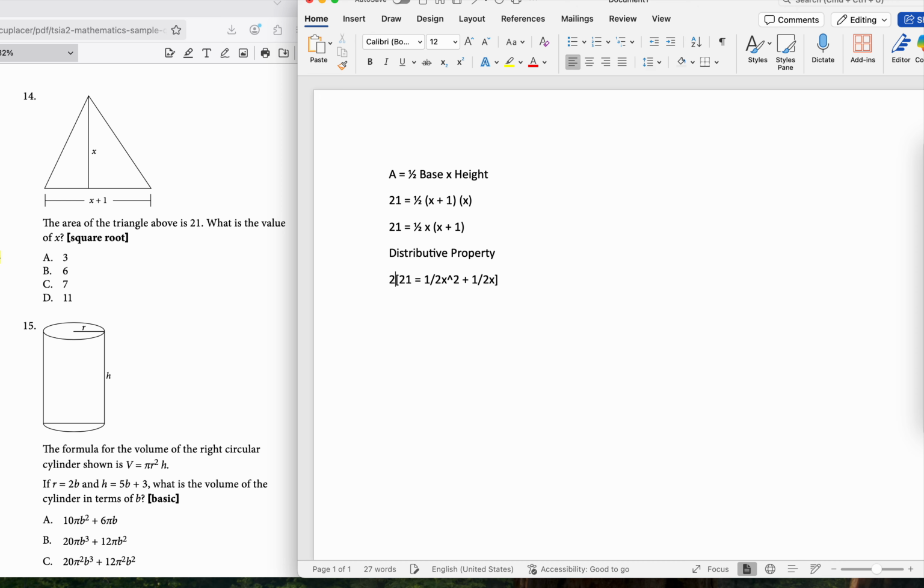So let's multiply every piece in this expression by 2. What that means is 2 times 21 is 42. 1/2 x squared times 2 is just x squared. And then 1/2 x times 2 is just x.